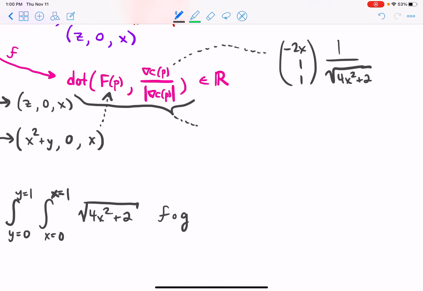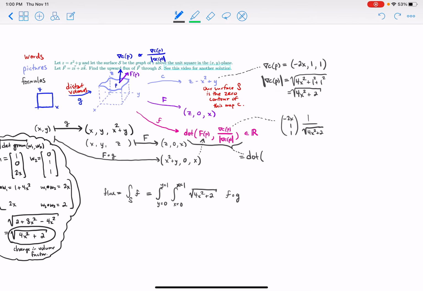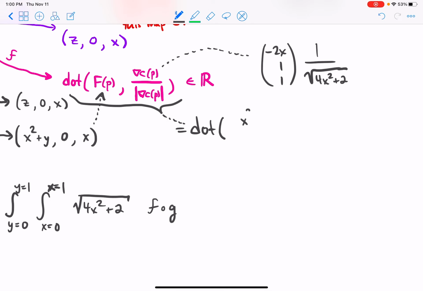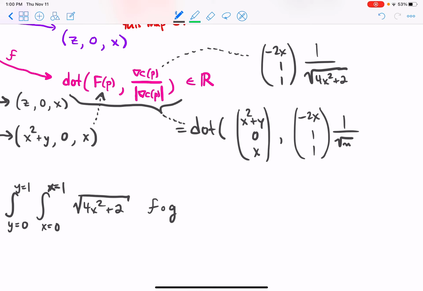is going to be equal to the dot product of, okay, we computed F of p. It's this thing. Remember this thing? We strung together the vector field with the parameterization map. Composed functions, x squared plus y, 0, x. There's a vector. Now my second vector is here. This is the normal vector to the surface. Minus 2x, 1, 1. And then there's this 1 over square root of stuff.